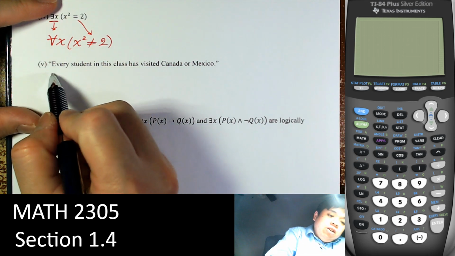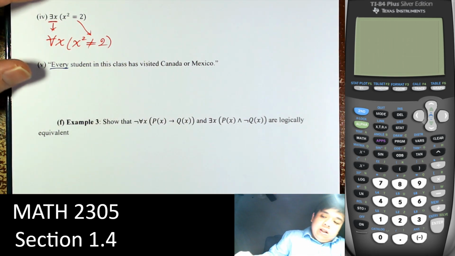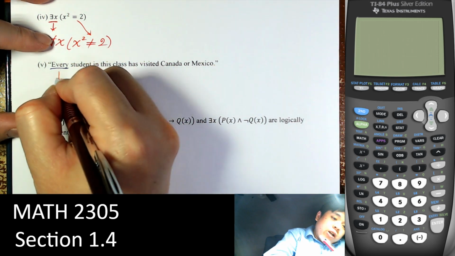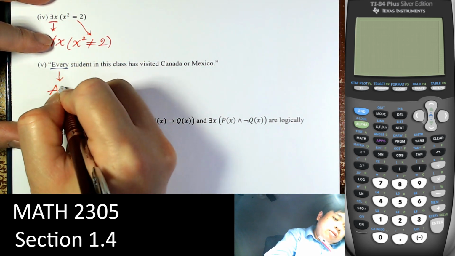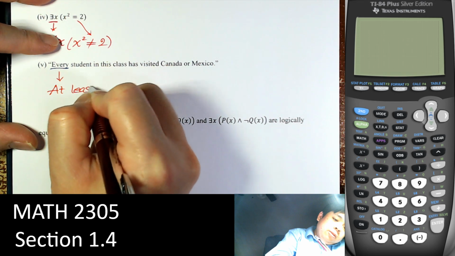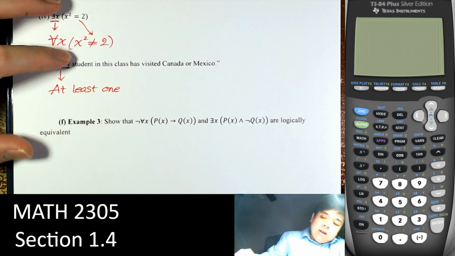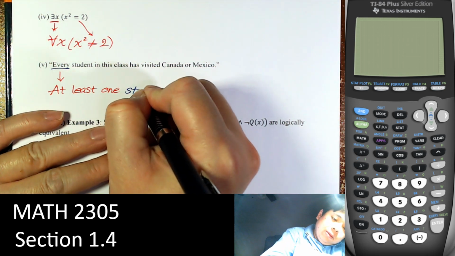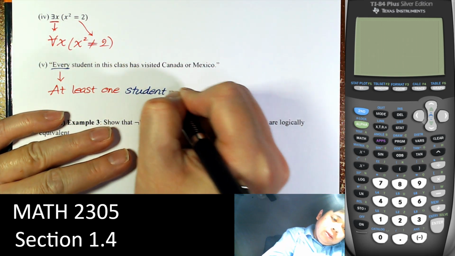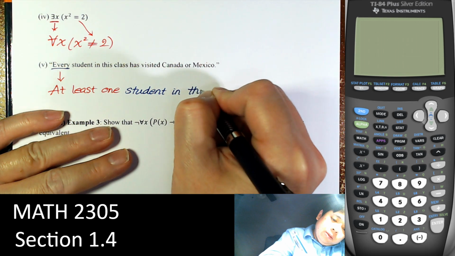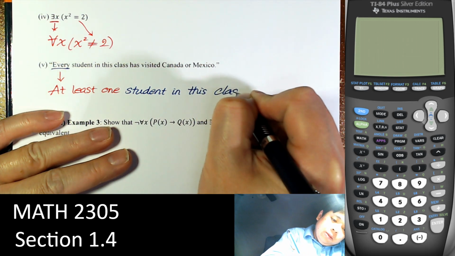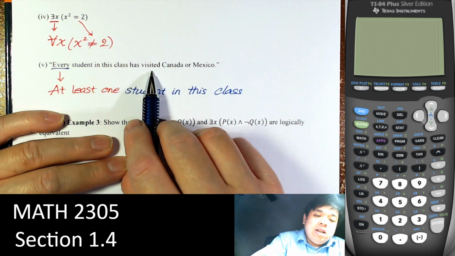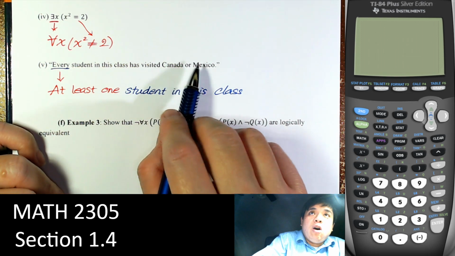Next, every student. In that case we change to some, or at least one. At least one student in this class has visited Canada or Mexico.